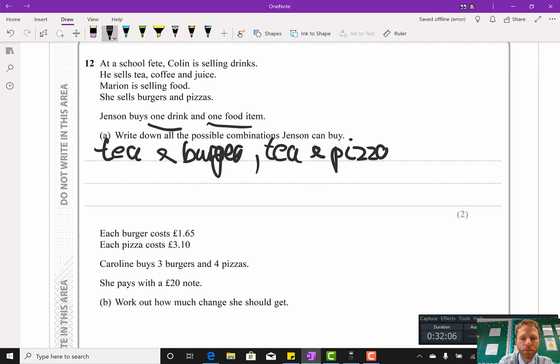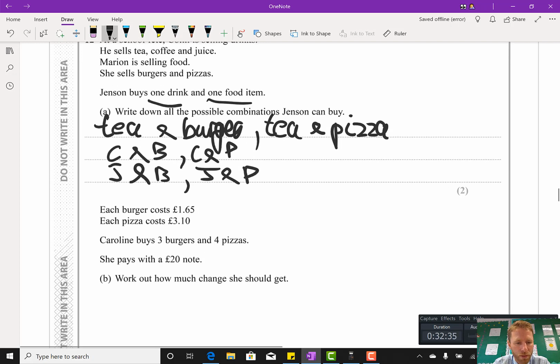And what you can do is then select coffee, so we can have coffee and burger, coffee and pizza. And lastly, juice, Ribena, obviously, greatest drink in the world, although others are available. Juice and burger, juice and pizza. Not sure Ribena goes with burger, but there you go.